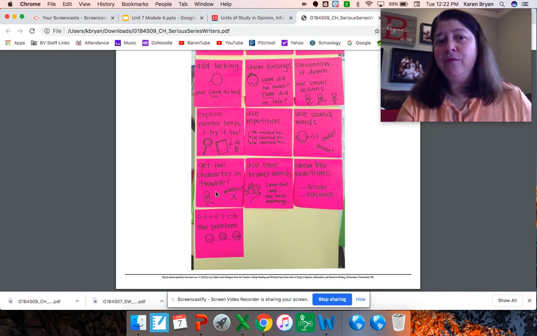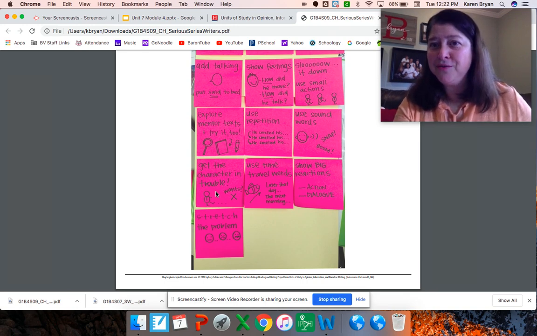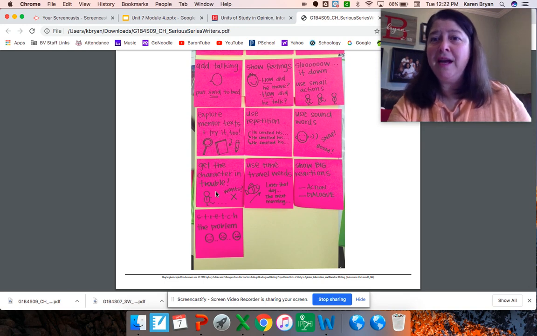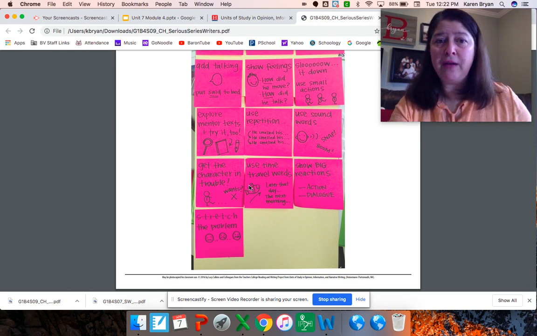The character wanted all of those great things for her birthday, but grandma got her a lemon tree, okay? And that wasn't a bad problem to have, because in the end, she was able to use those lemons to make lemonade. She solved her problem in a way that helped her even more than had she gotten all of those things for her birthday.